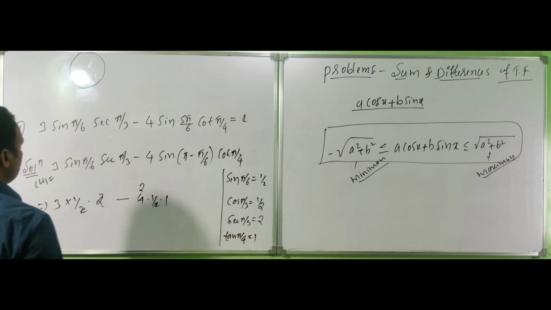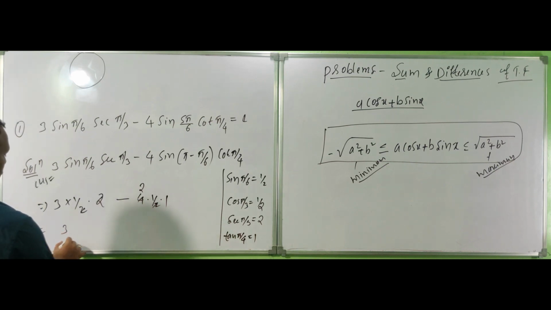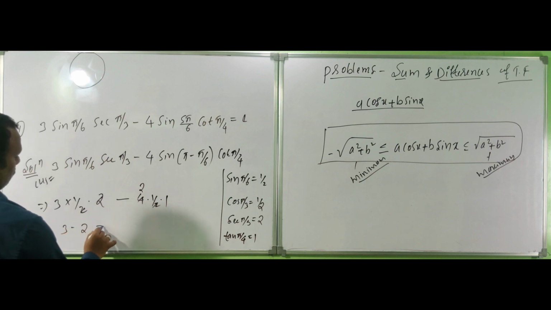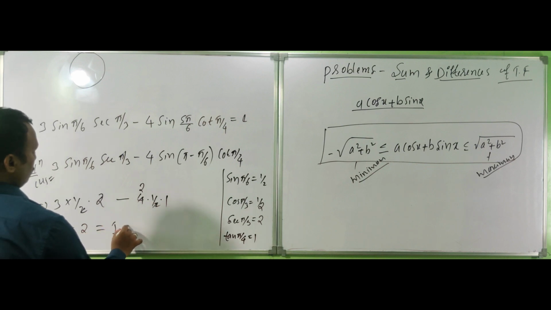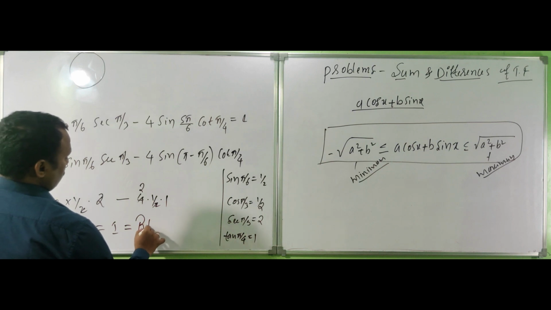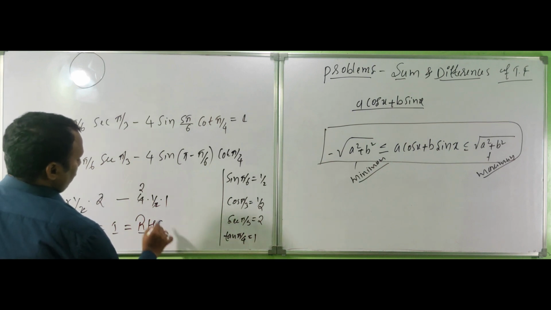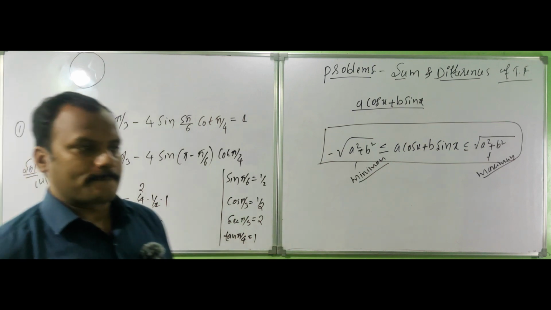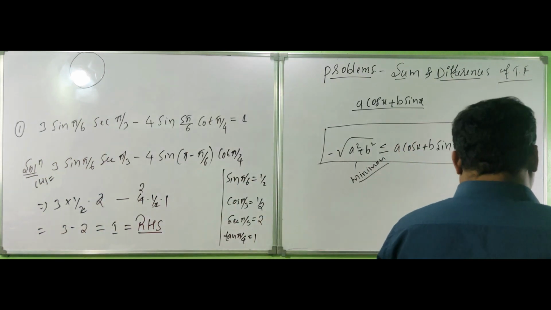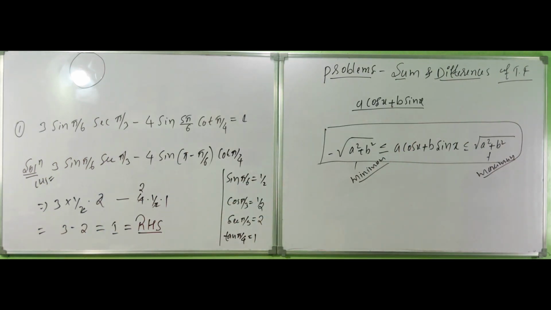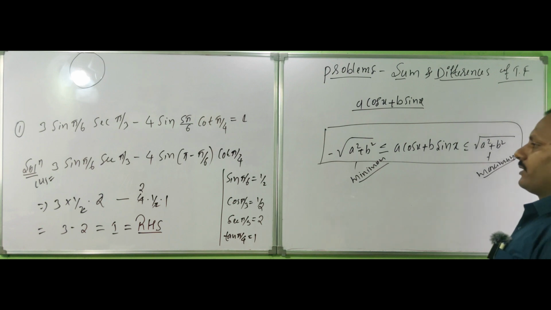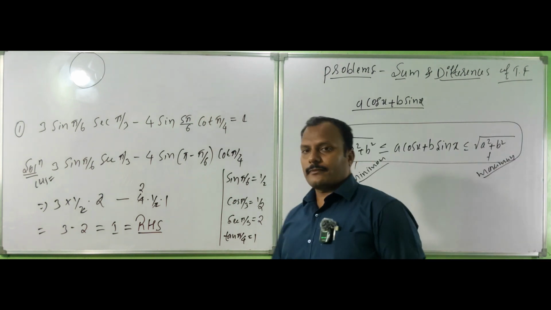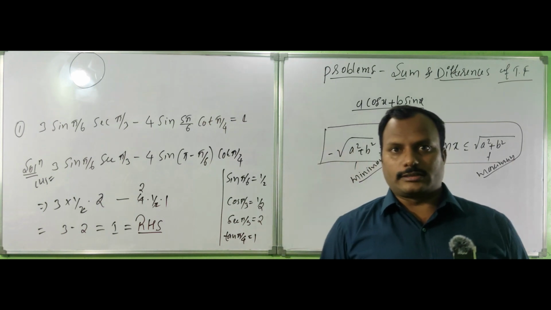Here you will get 3 minus 2, which gives 1, equal to the RHS. You should remember these trigonometric identities and values at different angles.